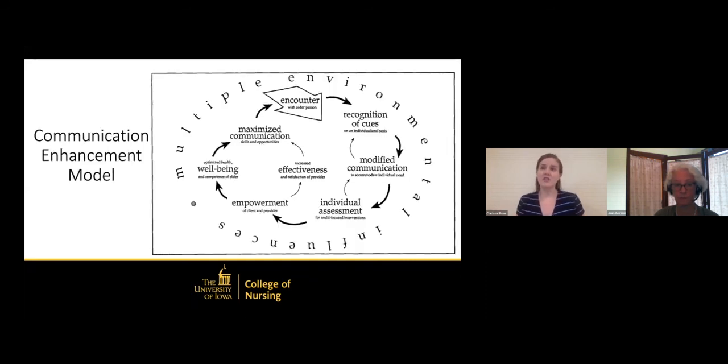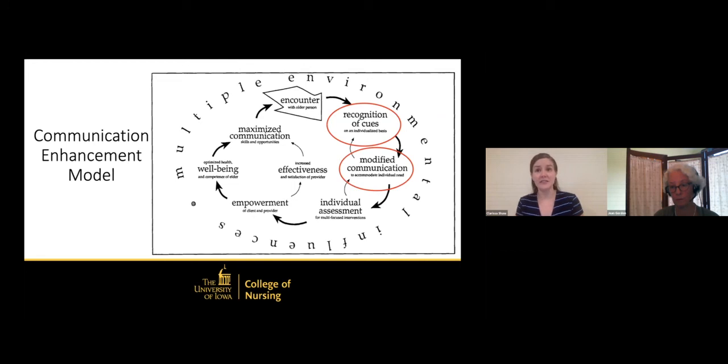So the question is, how do we accommodate? And that can be tough. Similar to the communication predicament of aging model, we have a communication enhancement model that's still based on the recognition of old age cues.